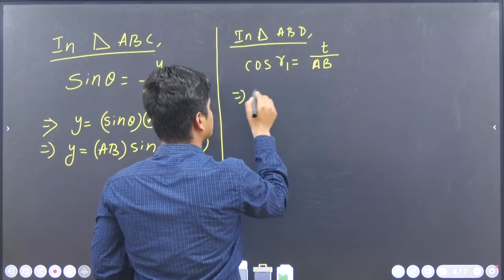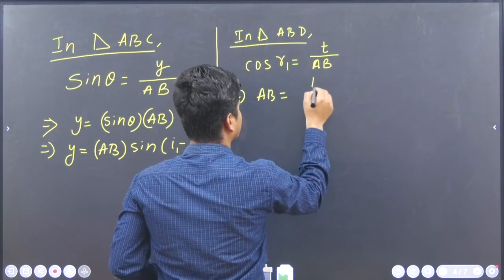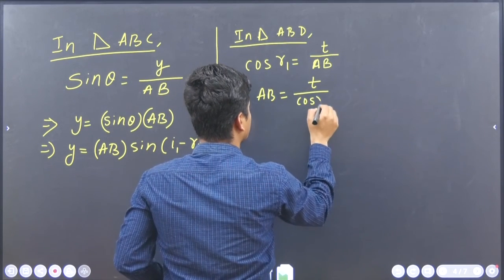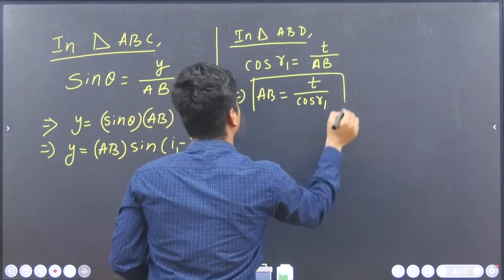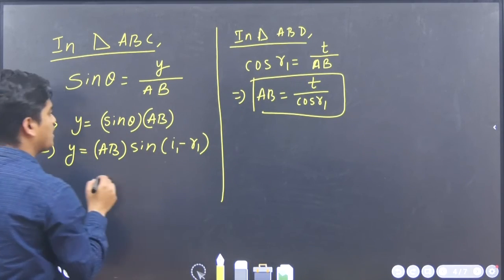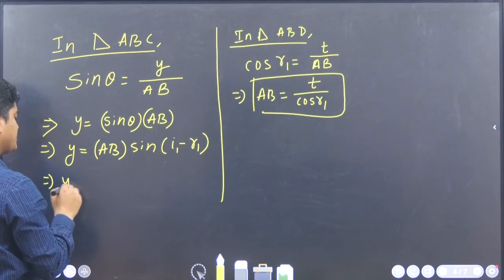Now I can write my AB is nothing but T by cos R1.